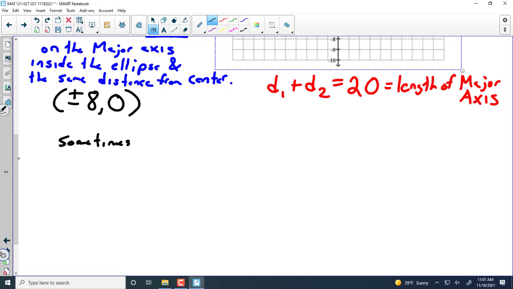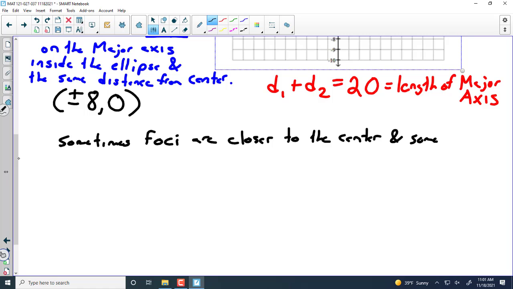Sometimes foci are closer to the center, and sometimes they are closer to the vertices.